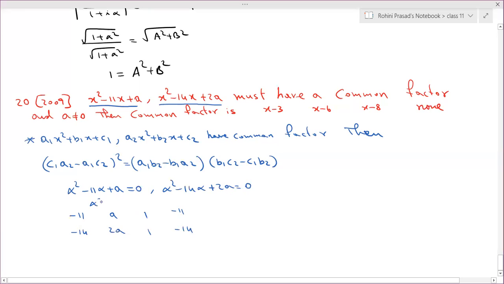And this is alpha square, alpha, and then 1. Then alpha square by minus 22A plus 14A equal to alpha by A minus 2A equal to 1 by minus 14 plus 11.